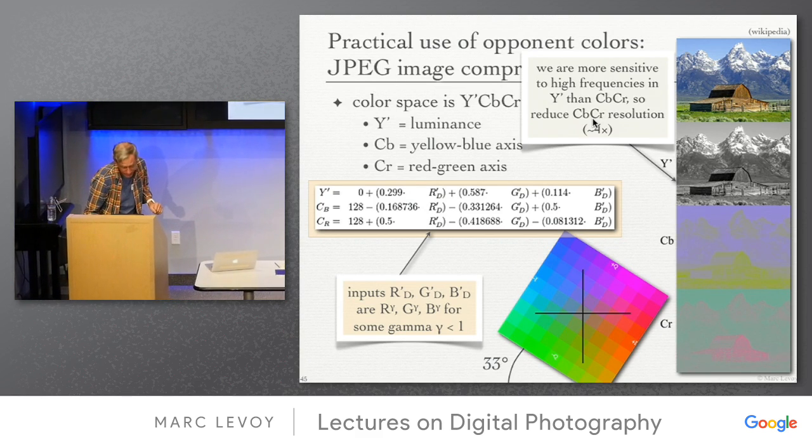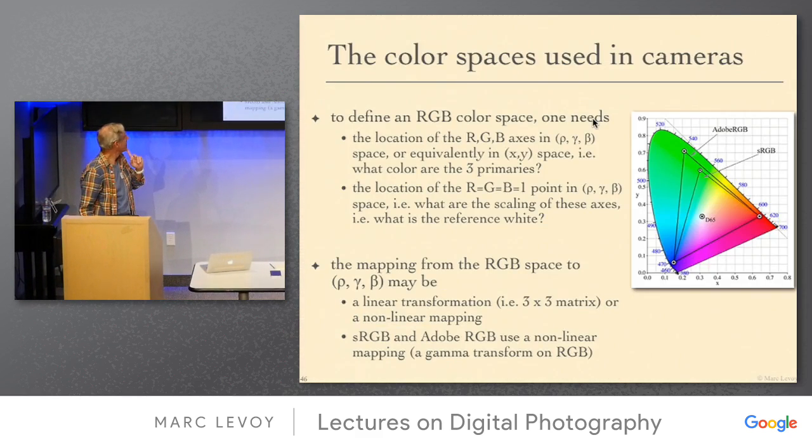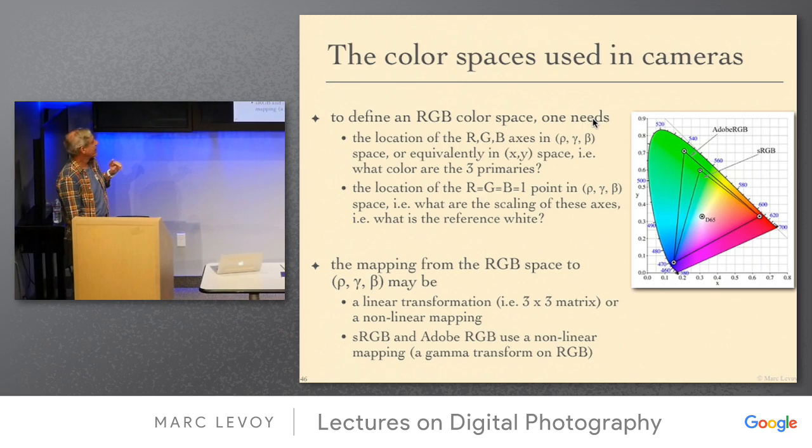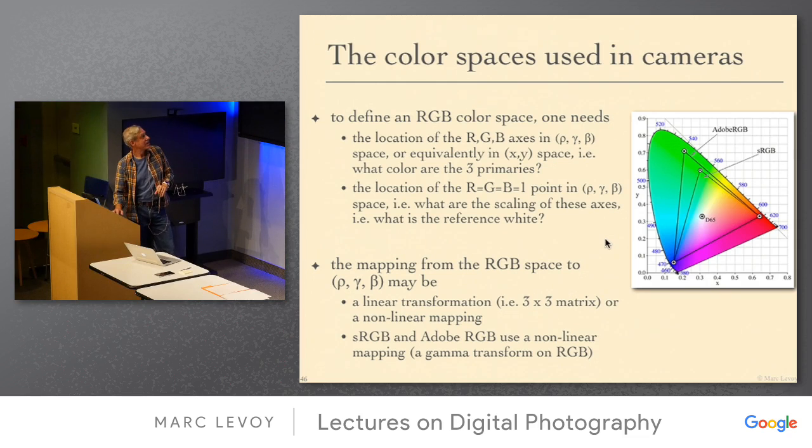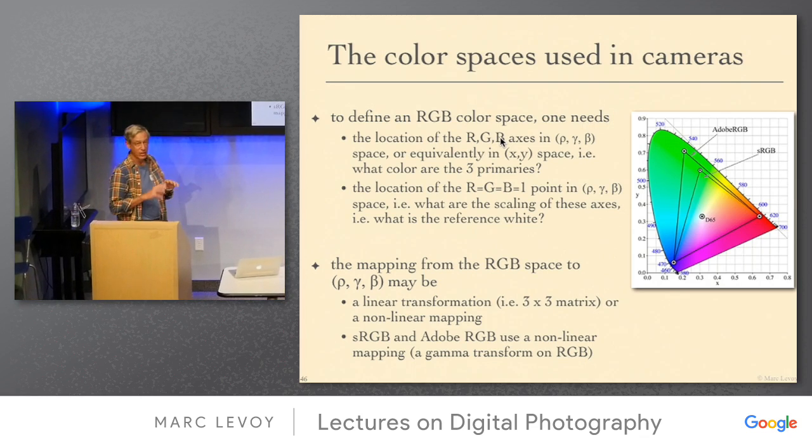Okay. This is an orange tinted slide from my class at Stanford because it's getting a little bit esoteric. To define an RGB color space, one needs the location of the RGB axes in this linear space.